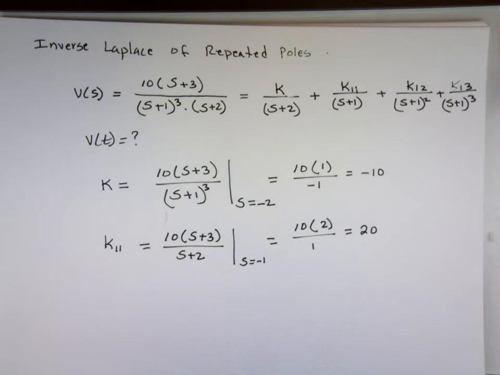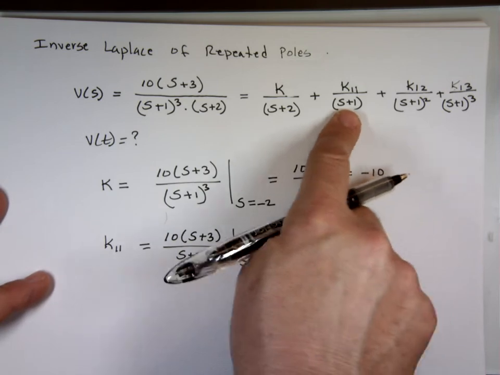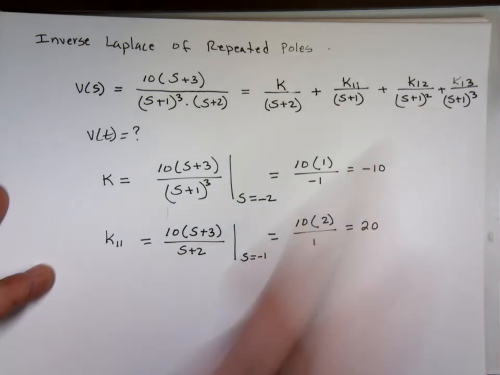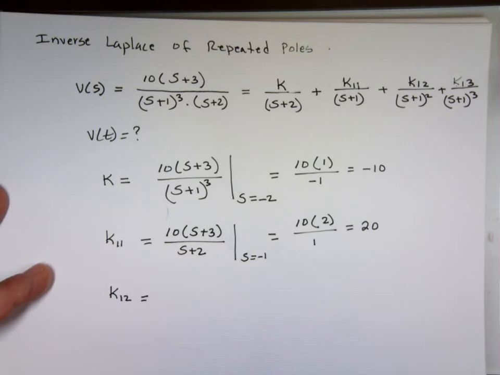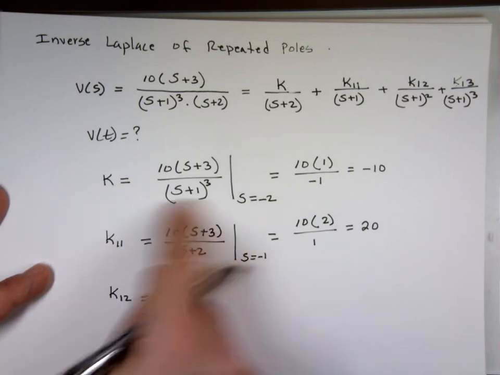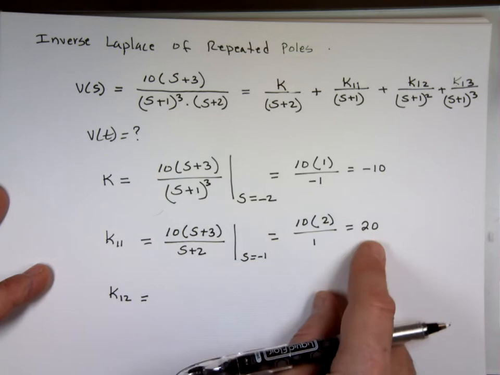Now K1 2 and K1 3 will be tricky. So the first one is this one. Now the second one, the squared, it's not going to be the answer to this when s is minus 1. That'll give me the same answer.